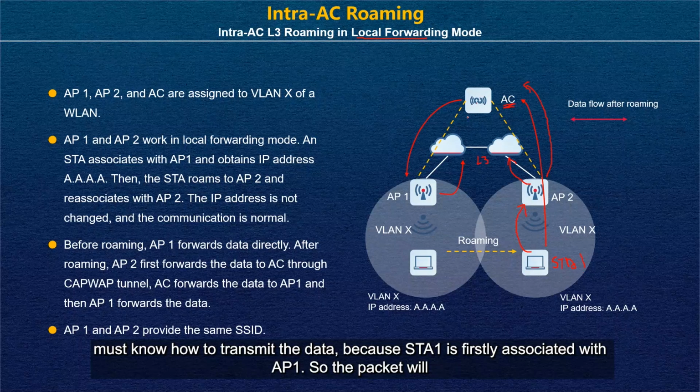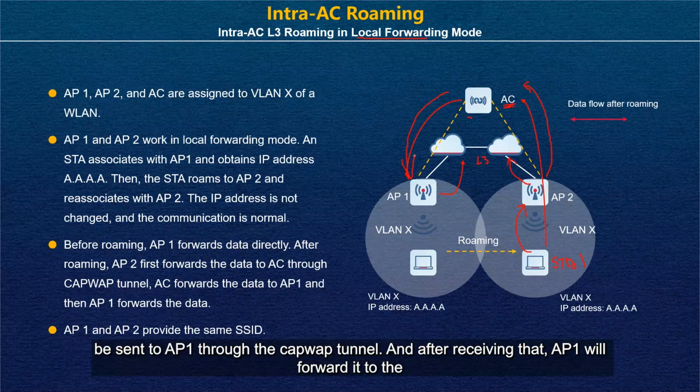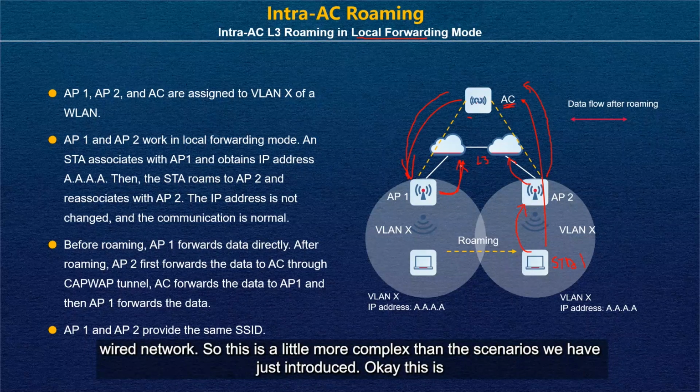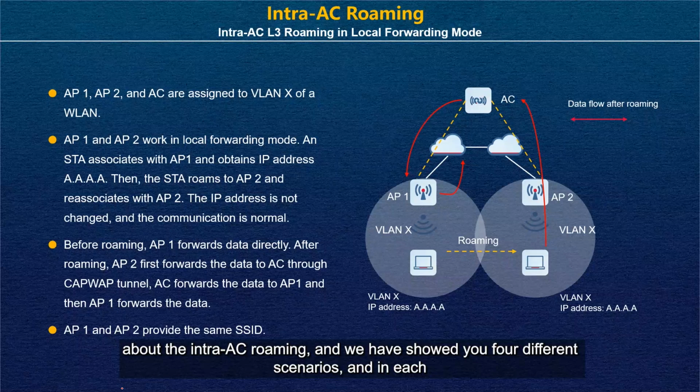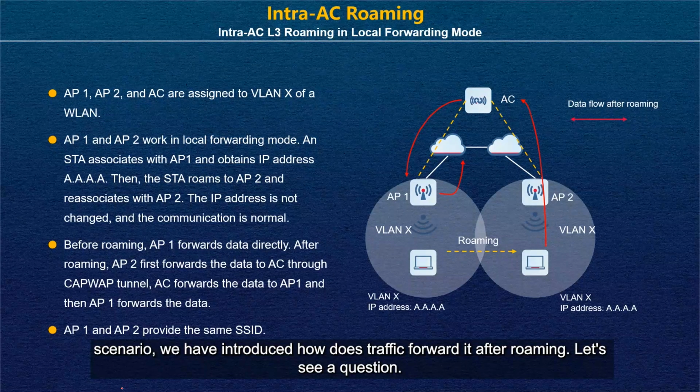So the packet will be sent to AP1 through the CAPWAP tunnel, and after receiving it, AP1 will forward it to the wired network. This is a little more complex than the scenarios we have just introduced. This is intra-AC roaming, and we have shown you 4 different scenarios, and in each we introduced how traffic is forwarded after roaming.